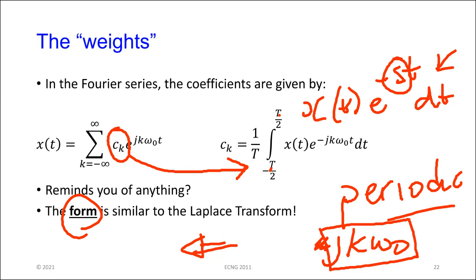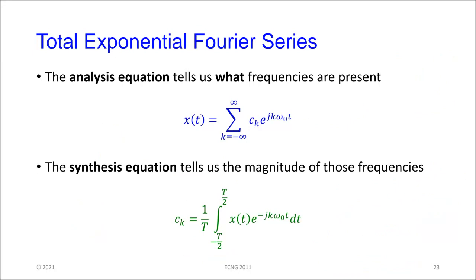I'm sure you would have covered a lot of this already. So where we are at now, if we put it together, the analysis equation, which is the complex exponential form of the Fourier series, tells us what frequencies are present.